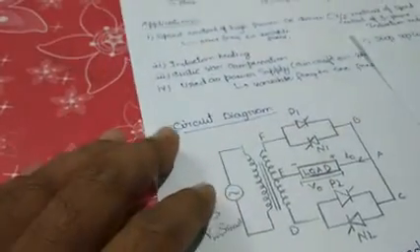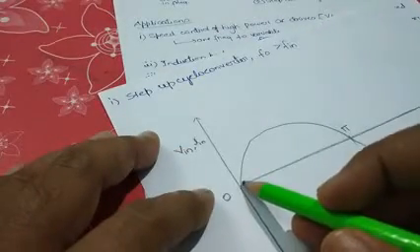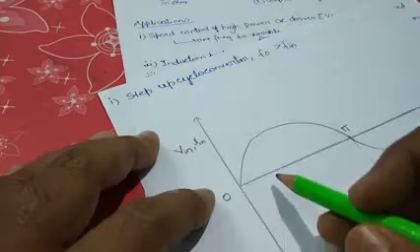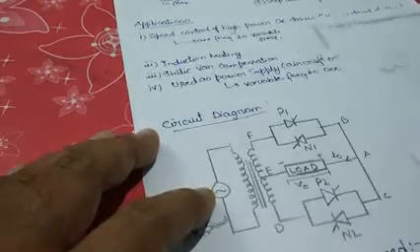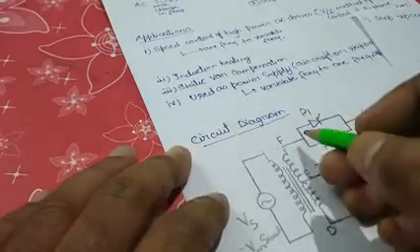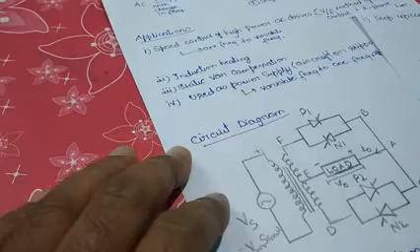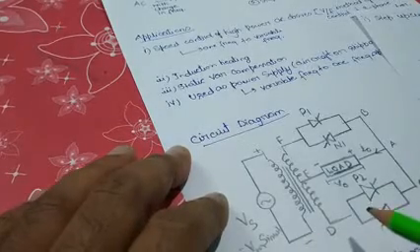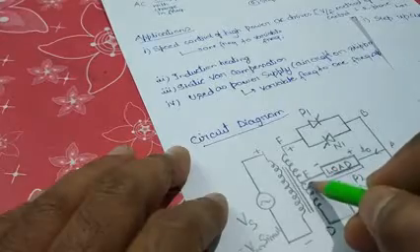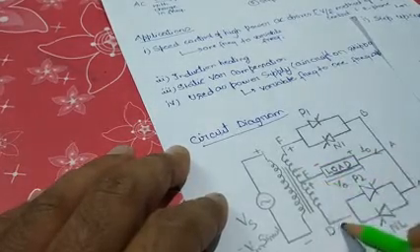first in the interval 0 to pi, when the input supply is from 0 to pi, what is basically happening here is that this is plus, this is minus, this is plus, this will be minus, this will be plus, and this will be minus.